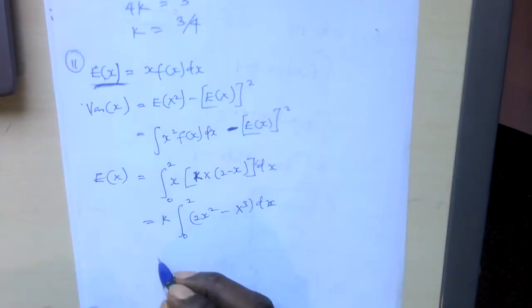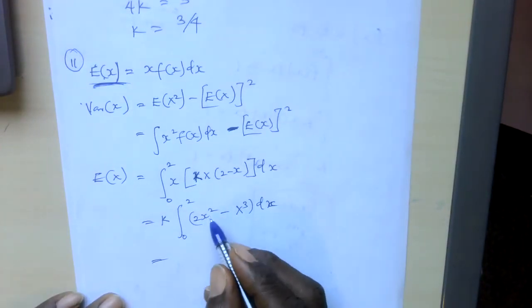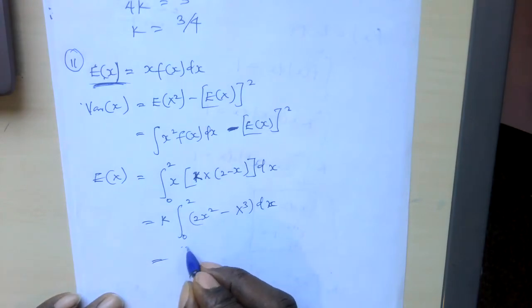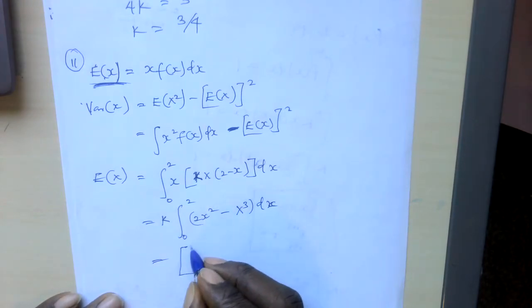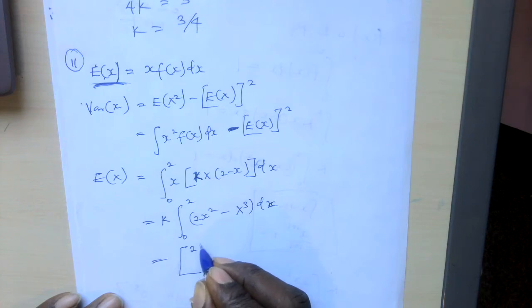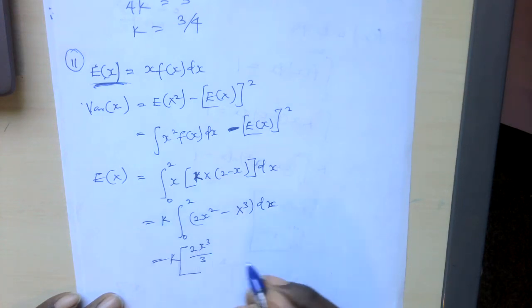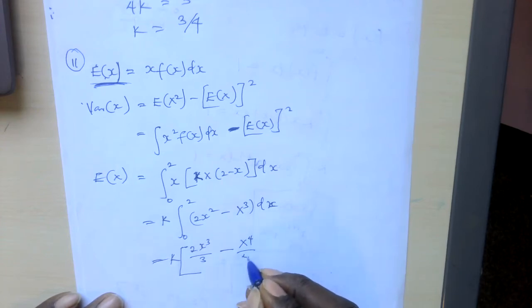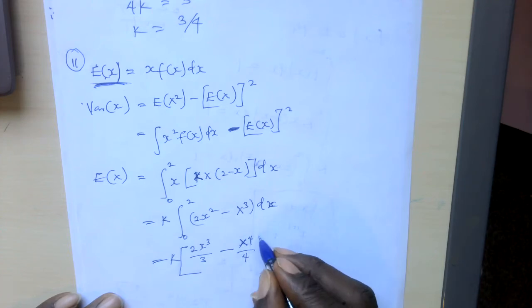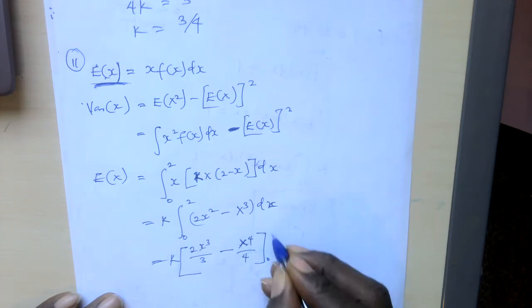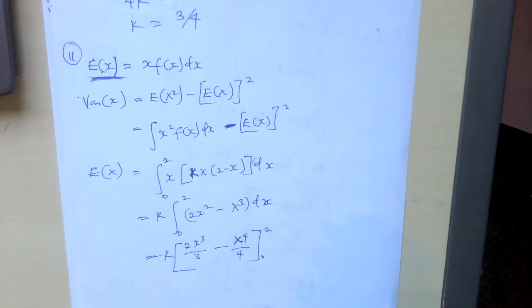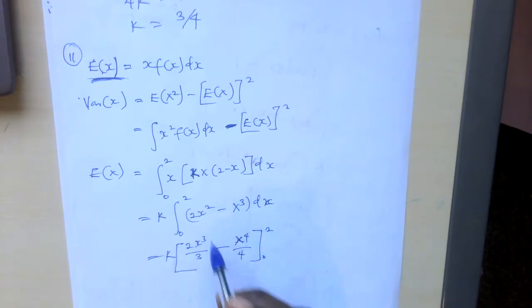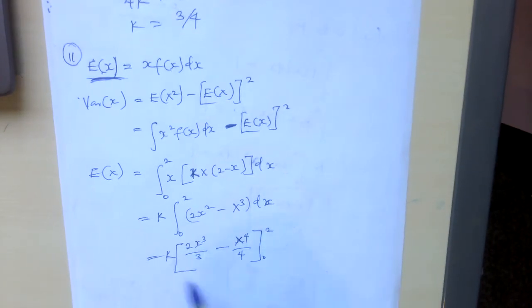So here, we can just find the integration of this, which gives us 2x cubed over 3, our k is outside, minus x to the 4 over 4, from 0 to 2. So when you substitute 0 for x, everything becomes 0.